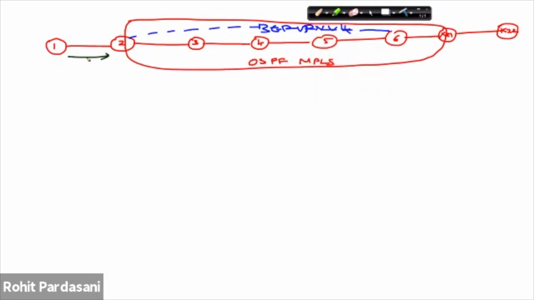Maybe he runs IPv4 BGP. This would be IPv4 BGP. And let's look at how these labels are actually advertised. So I'm going to draw the MPLS forwarding table and explain how the labels are advertised and then how the data plane uses that label.